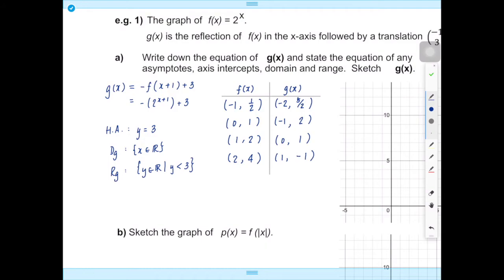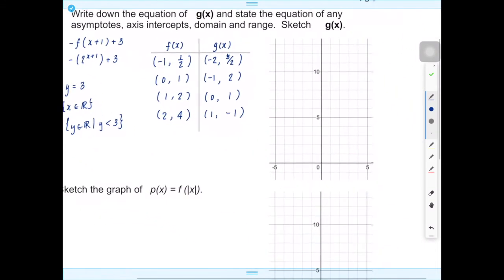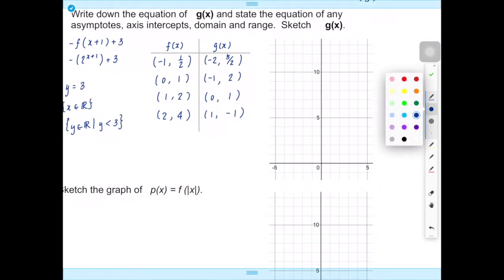-1. Okay, so let's graph g of x. The grid is not the greatest, but it will do. Okay, so we have -1, 2.5, 0, 2, 1, 1, 2, -1, something like that.